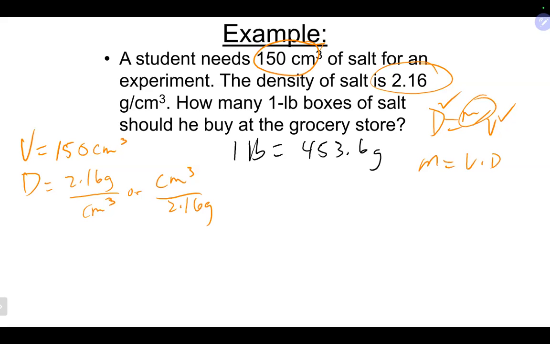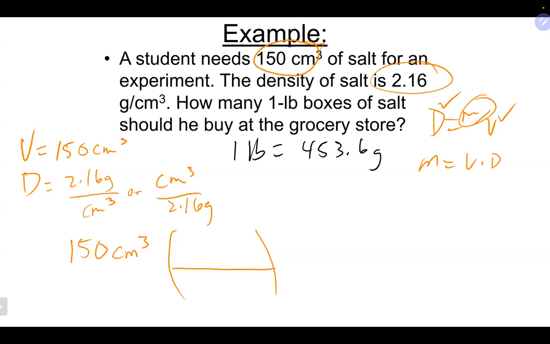Remember that we do want to show our calculations with the units and the units canceling, which is dimensional analysis. So if we take that approach, we would start with 150 cubic centimeters. When we do dimensional analysis, what we're really doing is canceling out the units, and it's like fractions.